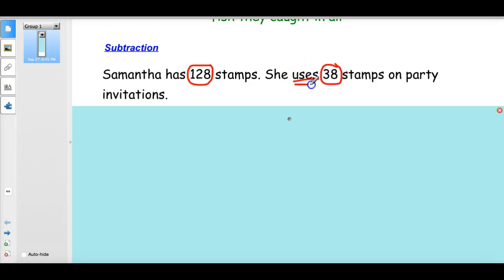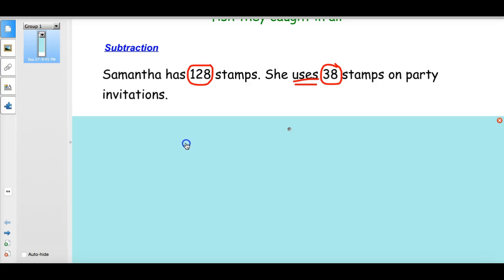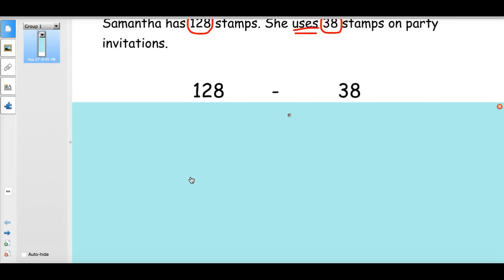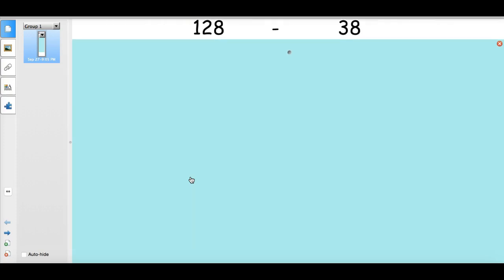If you use something, that means it's going away. And if something's going away or it's being taken away, that means I'm going to use subtraction. So when I write a numerical expression, I'm going to say 128 minus 38. So that's a numerical expression showing subtraction.